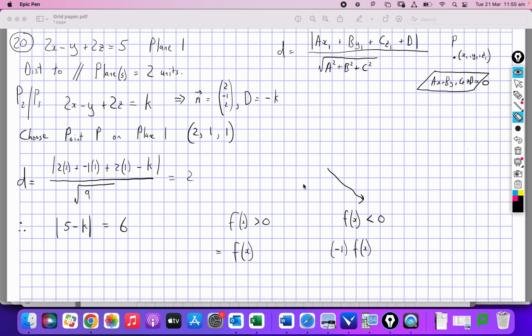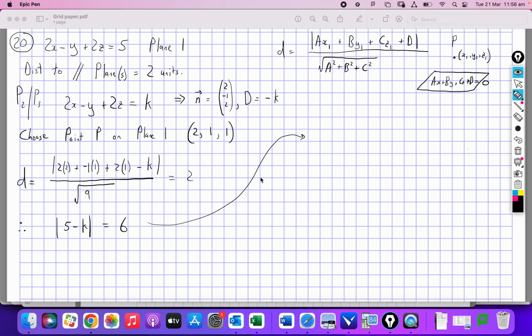Here it's very simple, and I'm probably laboring on the point a bit too much, but we do have a function. It's 5 minus k. It's not just some number like it has been so far. So if the 5 minus k gave us something positive, then we could say, we'll go this way.